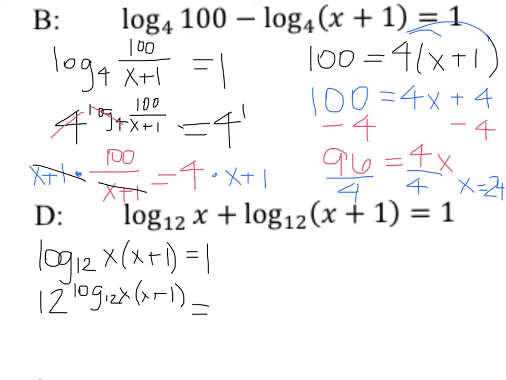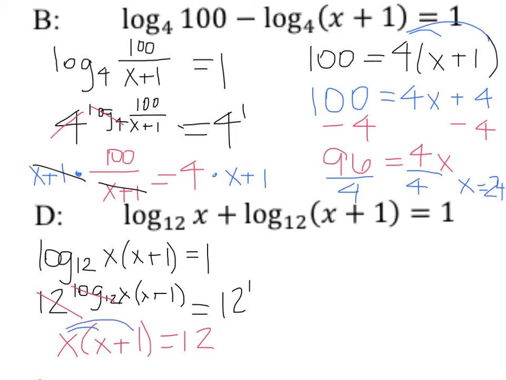And that equals 12 to the first. Okay, so now we can get this to cancel with this. So we are left with x times x plus 1 on this side, and that equals 12 on that side. Okay, so since this x is in front of these parentheses, we're going to distribute here.